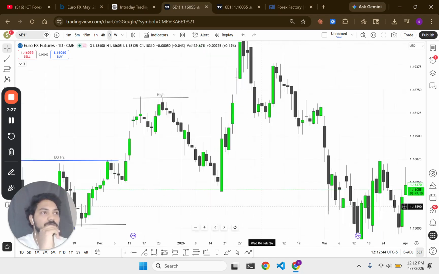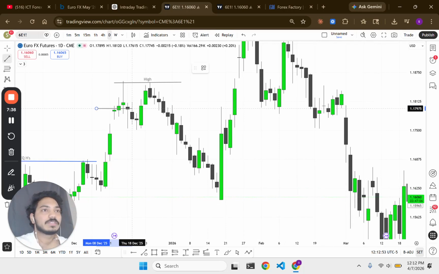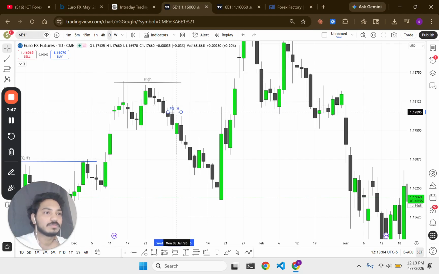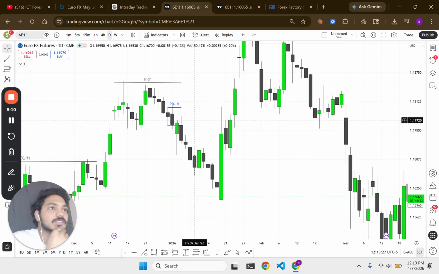Let me zoom in. As our trend is bearish, let's mark previous day high. This is December 31st, and Jan 1st is market close. I'm treating this as previous day low. Hope we can see this.